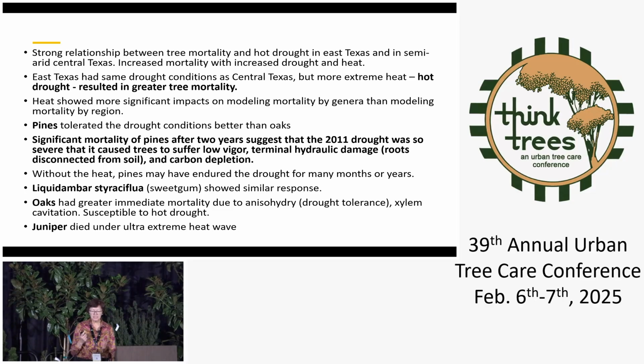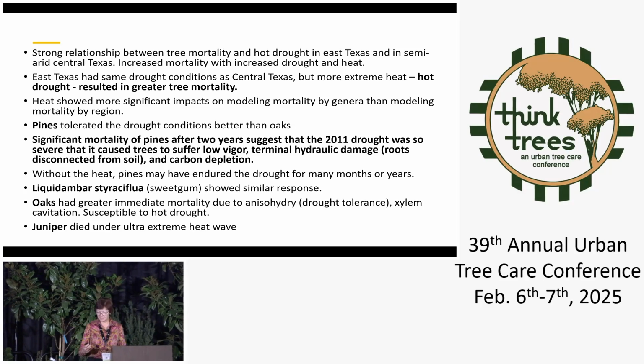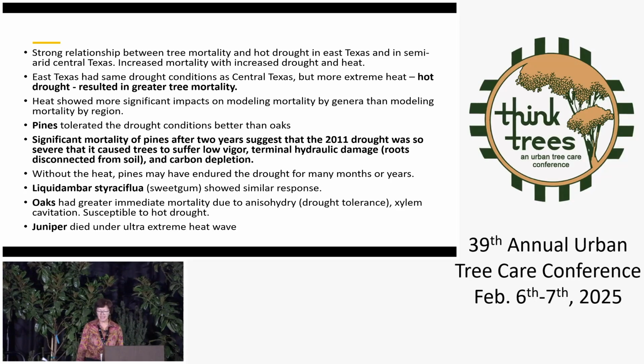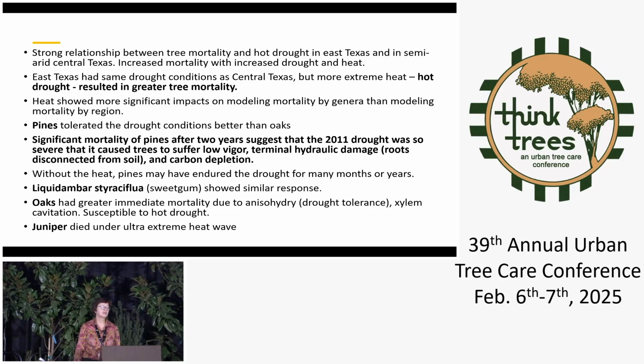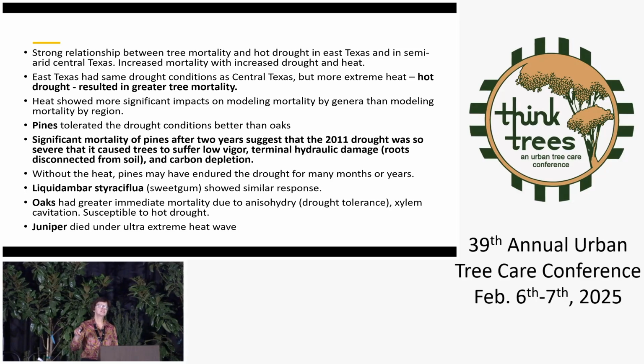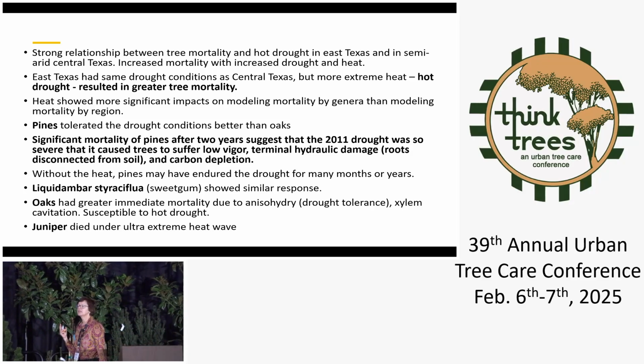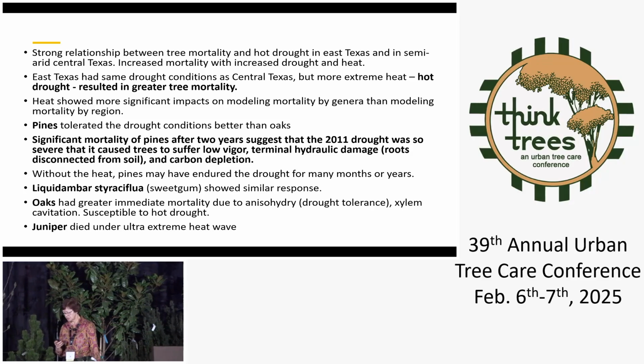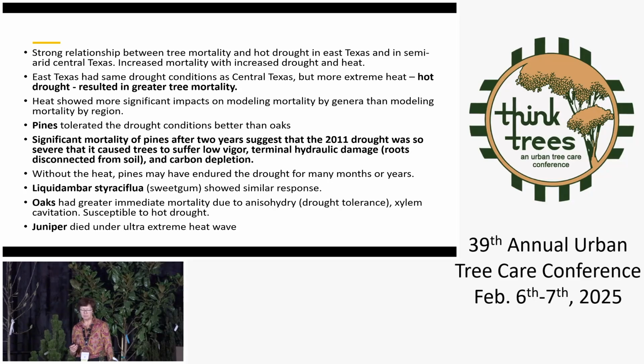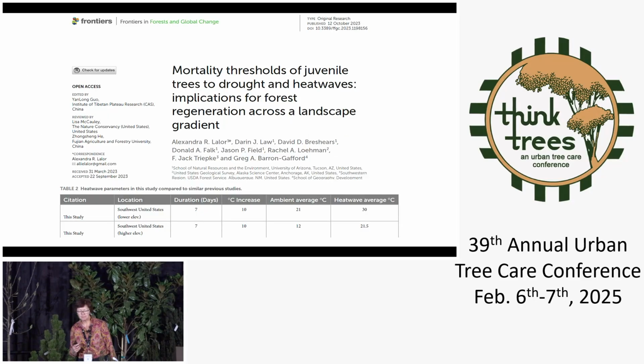Amazingly enough, the sweet gum showed similar responses to the drought, and the oaks had the greater immediate mortality due to their drought tolerance strategy and stem cavitation. What was really sad to see is that the junipers died under the ultra-extreme heat wave, because junipers are, among all these species, probably the ones that naturally can tolerate the most drought conditions. So even they are not immune once the heat strikes.